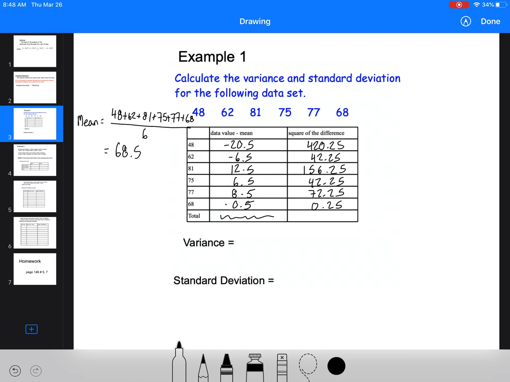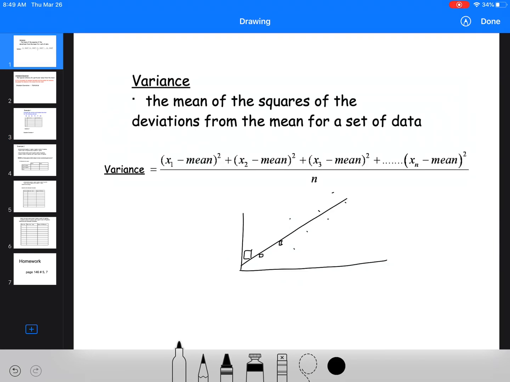Then we have to add them up. The first column you don't have to add up, it doesn't actually matter. The next column we do, so we have 72.25 plus 42.25 plus 156.25 plus 42.25 plus 420.25 plus the 0.25 at the bottom. We get 733.5. After that, if we go back to the formula, we've actually done this whole top part now.